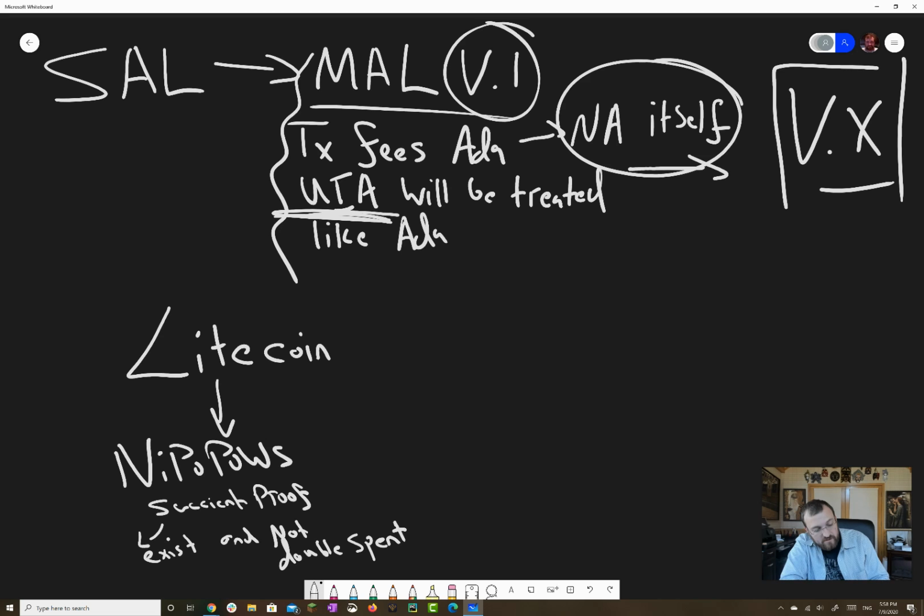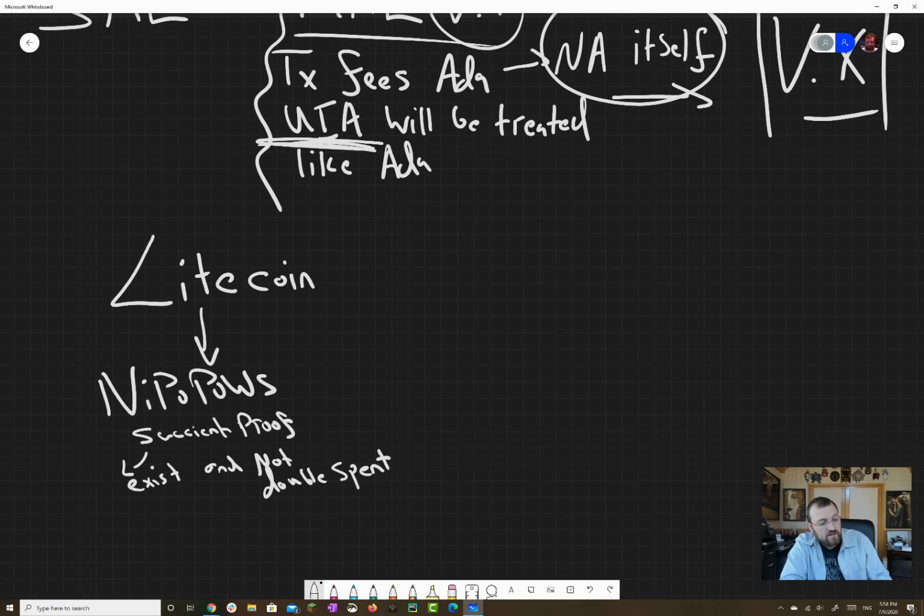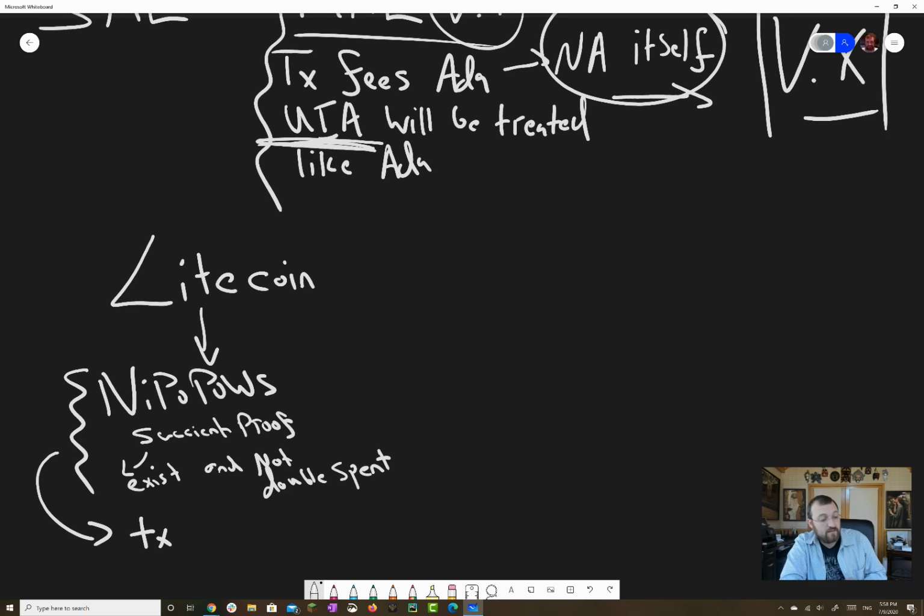Okay, what does that mean? It means that when you see a transaction coming from a NiPoPoW compliant chain, without possessing the full chain, it's succinct, so like it's small, it's like the size of a transaction, you're able to verify that those tokens are real and they have not been double spent.